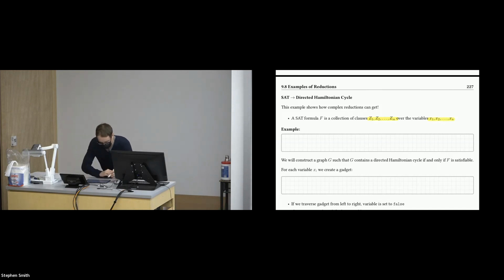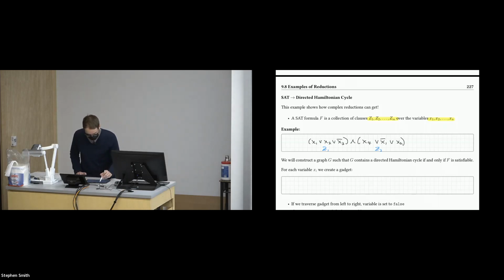So an example could be something like X1 or X2 or not X3, that's one clause, and X4 or not X1 or X2. This is the clause Z1, this is the clause Z2.